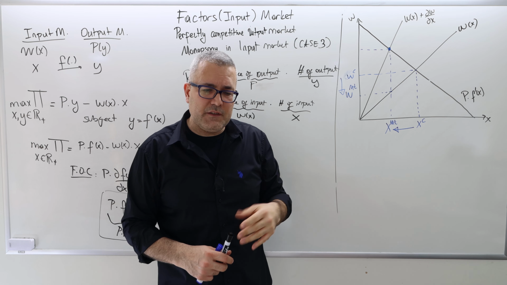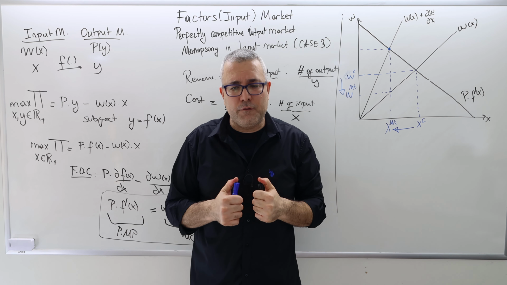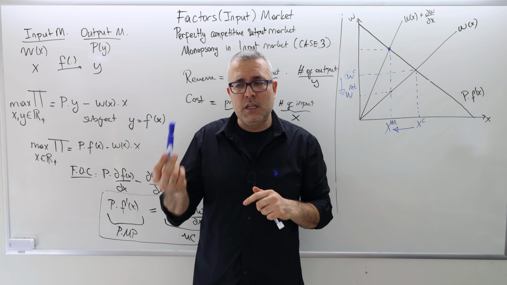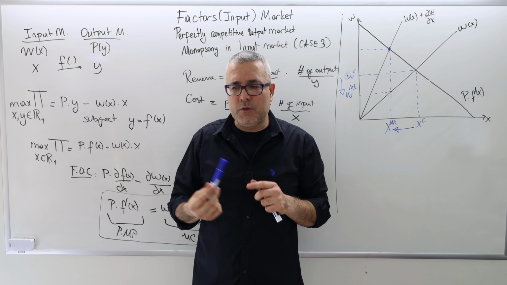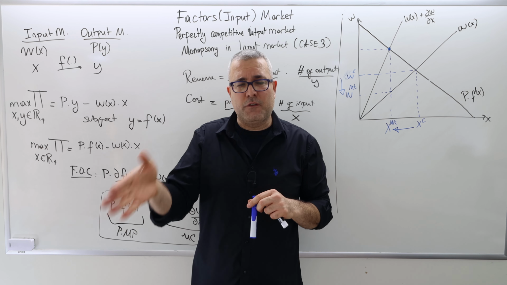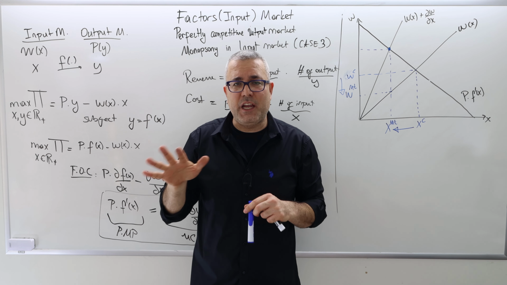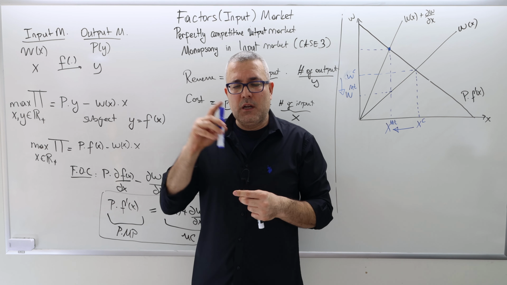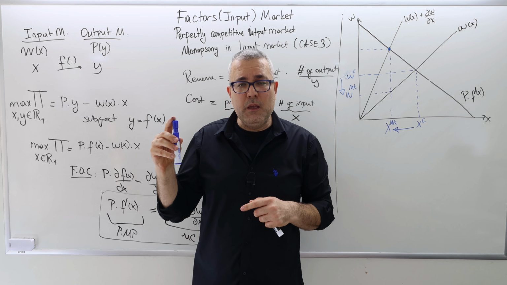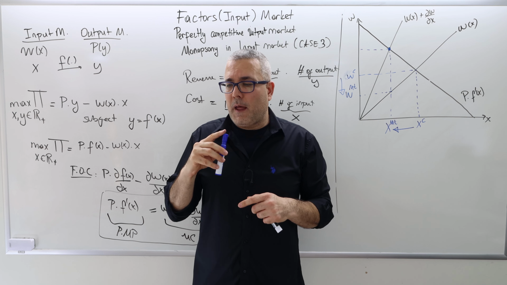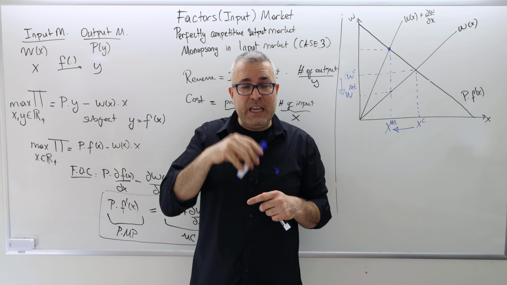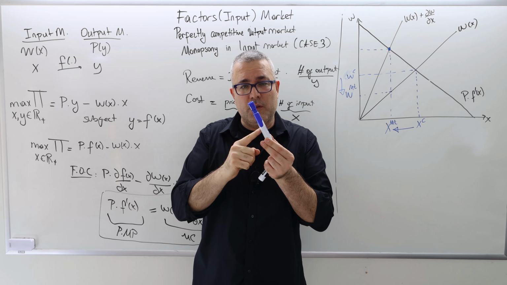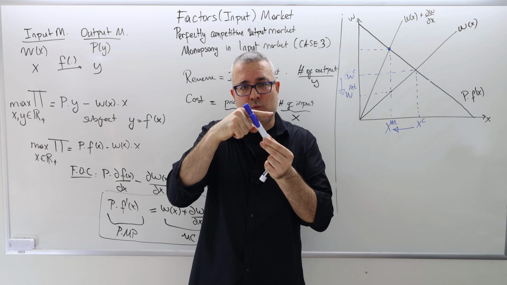And the reason for this is that for a perfectly competitive firm, the marginal cost, the cost per additional labor, additional input, is just a fixed number, the wage of that labor, and it's fixed. I can't change it. However, for the monopsonist, if I would like to increase the number of labor, the number of inputs, by 1 unit, well, I have to increase the wage, right? Because the supply curve is an increasing function. If you want to hire more labor, you have to increase the wage.